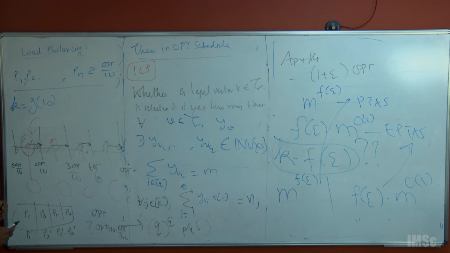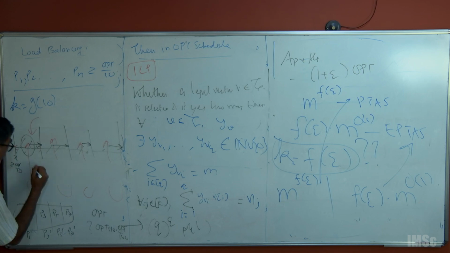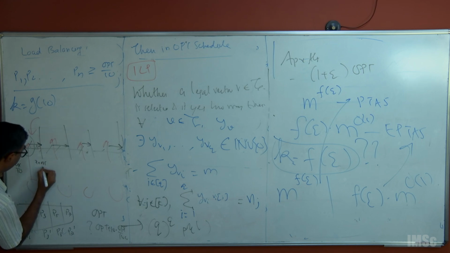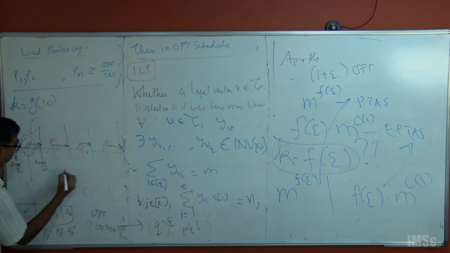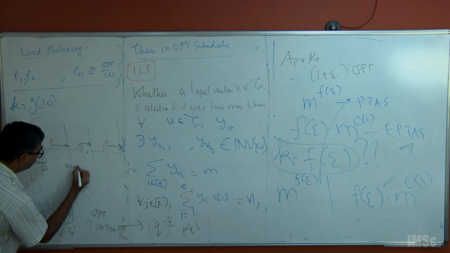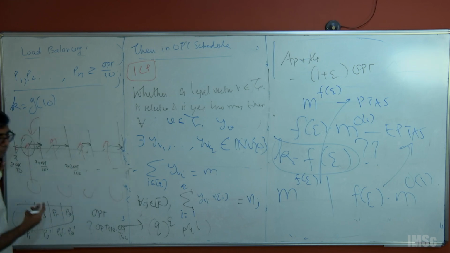So this is a bad bucketing. Suppose this is my smallest, and x is greater than or equal to opt by 10. I want to make buckets like x plus opt by 100, and the next bucket is x plus 2 times opt by 100, and so on. I can do this, right?